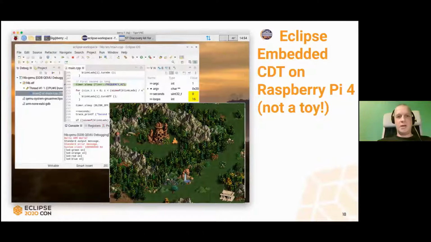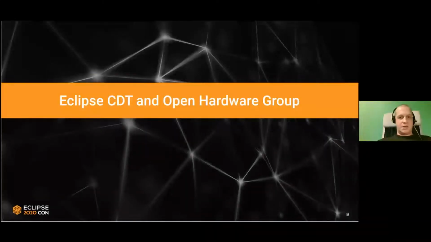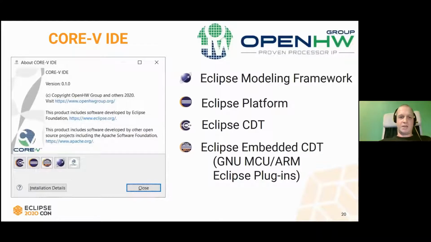Another story is working with the Open Hardware Group. Mike already presented it a bit, and I'm happy to be part of this effort because it's fantastic that open source goes not only for software but also for hardware. We already built a kind of starter IDE for open hardware work, including the most relevant components: Eclipse Modeling Framework, Platform, CDT, and Embedded CDT.